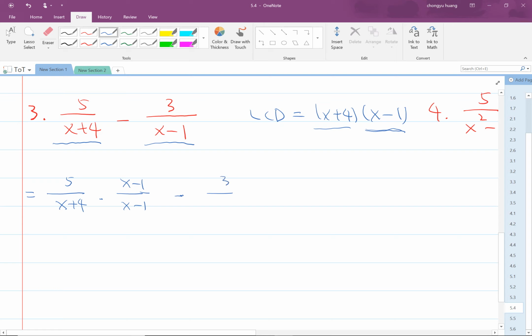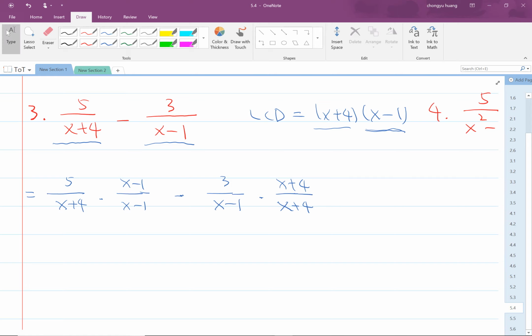Okay, and then on the other side we have x minus 1, and then we're missing the term x plus 4. So that's why you multiply x plus 4, and then x plus 4 on the other side, right? Because now you multiply the missing part to make it have the same common denominator.